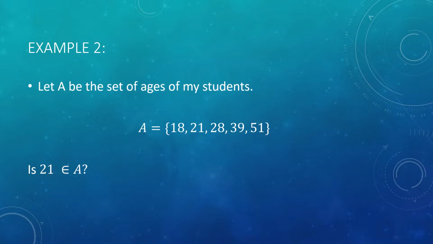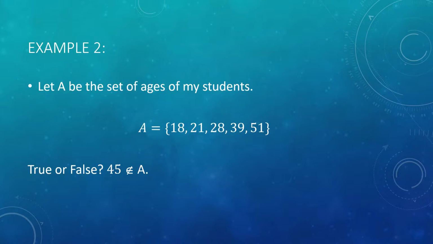And then we have our next question. It says, is 21 an element of A? So yes, 21 is an element of A. You see it right there. Next, we have a true or false question. This is a perfect example of something that you might have on the quiz.